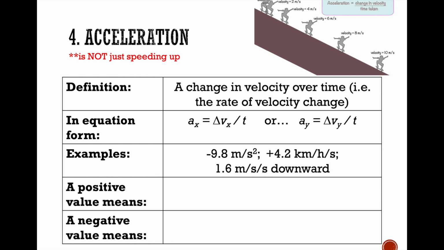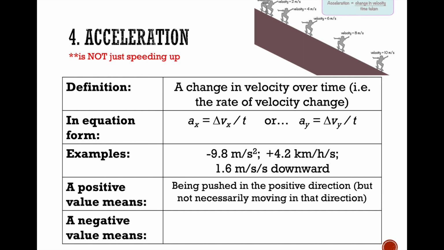And now, even harder to wrap your brain around is what a positive and a negative value means for acceleration. So a positive value means for acceleration that you're being pushed in the positive direction. And if you're familiar with the idea of net force, it specifically means that you have a net force in the positive direction.